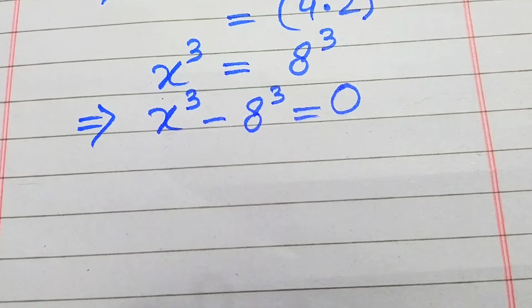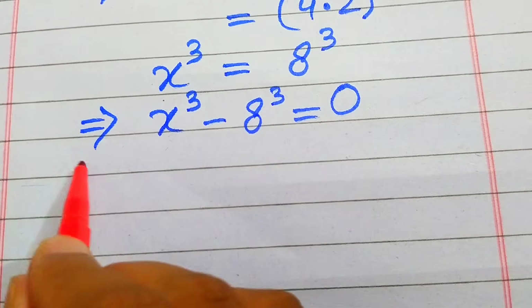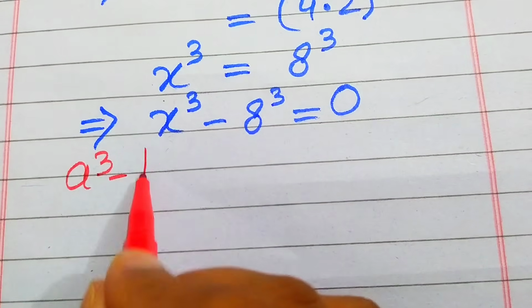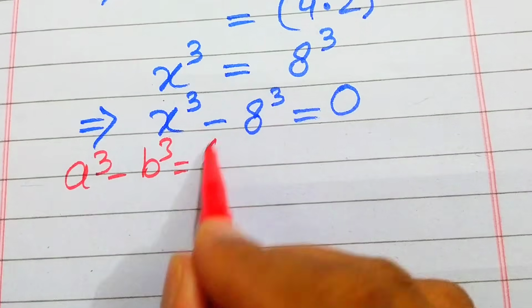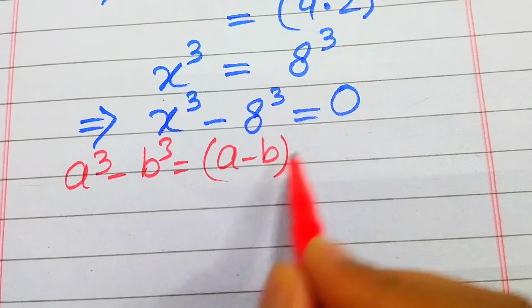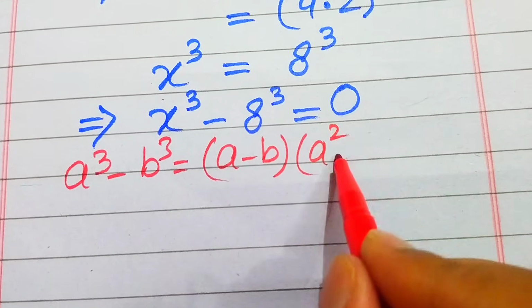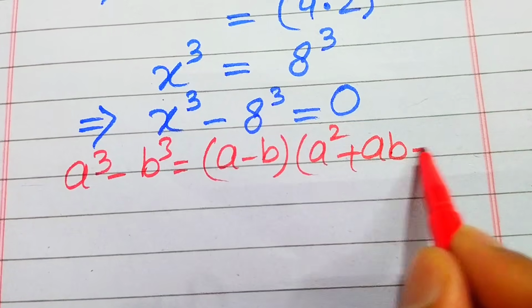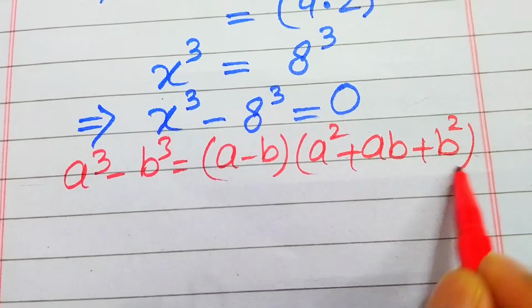In the next step, we need to use the nice cubic formula. You know about that: a cubed minus b cubed equals a minus b times a squared plus ab plus b squared.